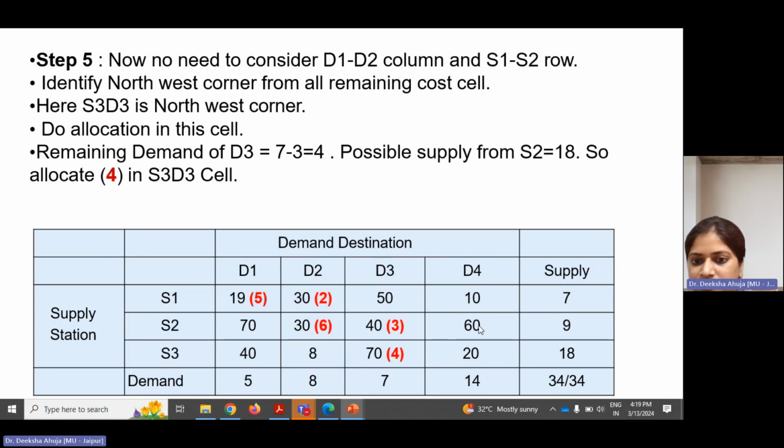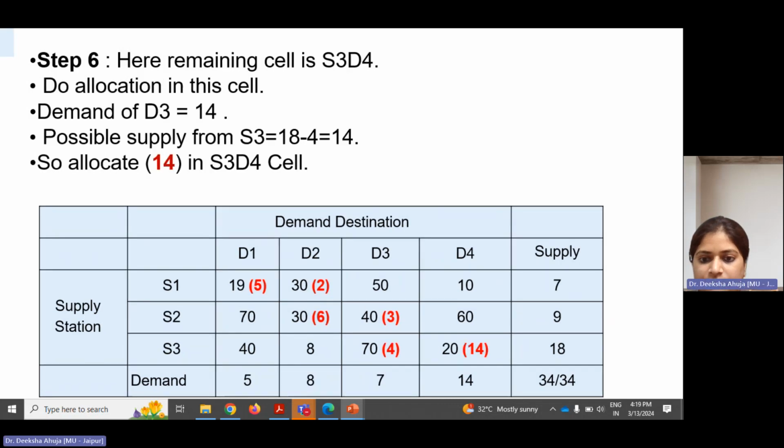So we cannot give values in S1, S2 and D1, D2, D3, but we have the option to give a value to this cell. That value is 14, because 14 is left out from this supply and from this demand. So we give 14 to S3, D4. Now our problem is solved.